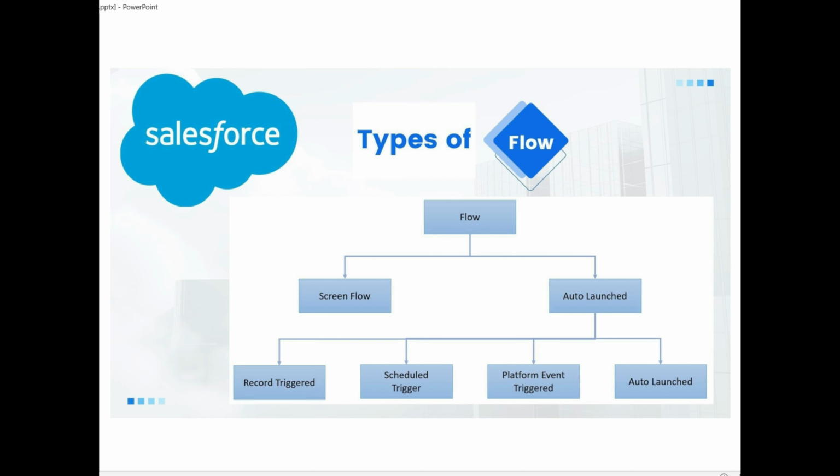So you might have seen a long list before, but let me simplify it for you. In Salesforce, there are basically two main types of flows: screen flow and autolaunched flow. A screen flow is a type of Salesforce flow that shows a form or screen to the user.